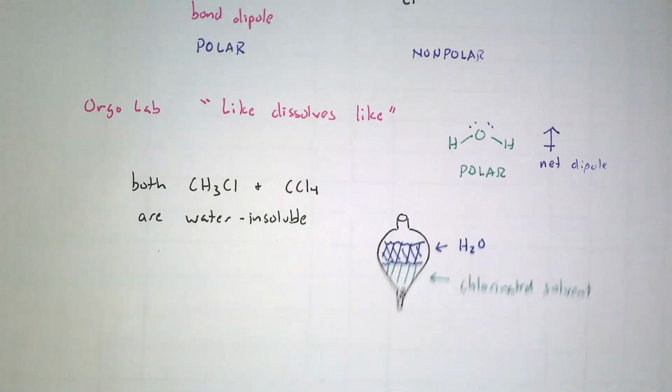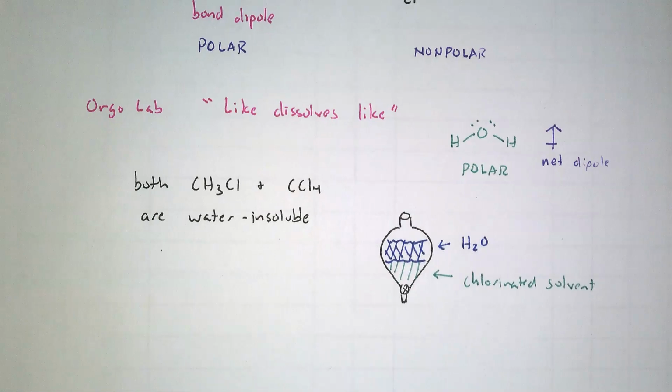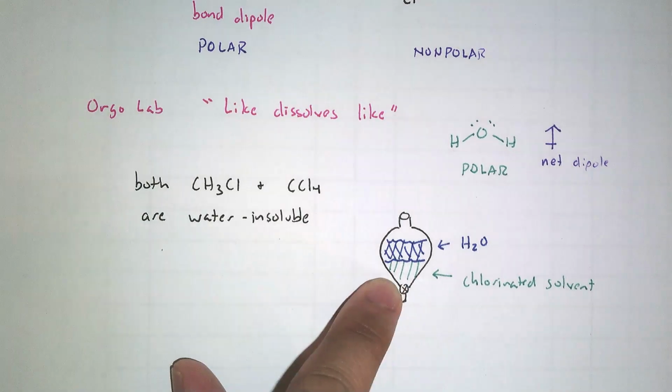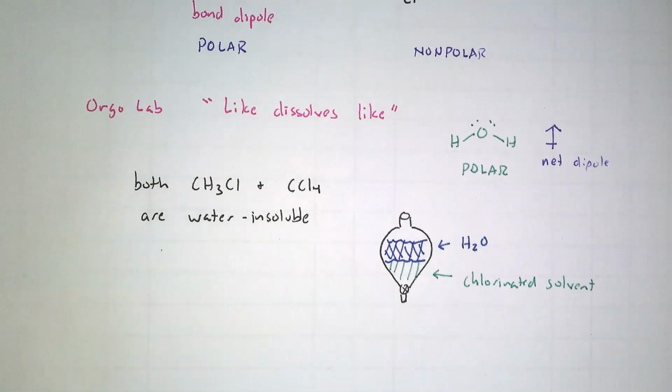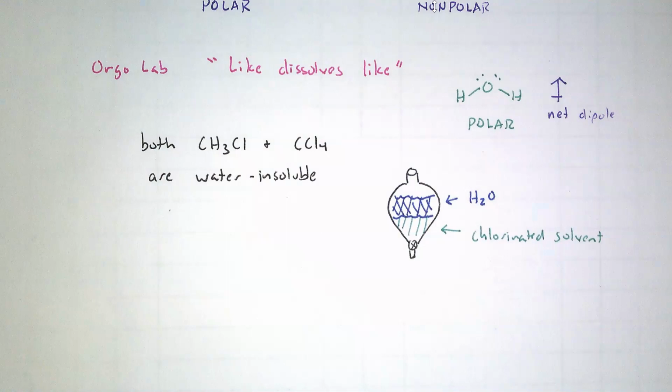Okay, and the thing is, if you could run a reaction in which your product is water soluble and your impurities are chlorinated solvent soluble, or you could even think of it as organic soluble, then you could have a good purification. Okay. So in practice, how do we figure out polarity and water solubility? Well, there's a couple things.